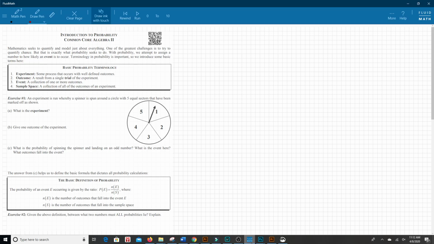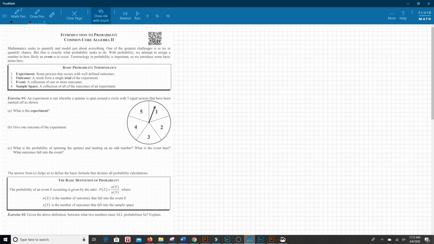So exercise 1 says an experiment is run whereby a spinner is spun around a circle with 5 equal sectors that have been marked off as shown. What is the experiment?